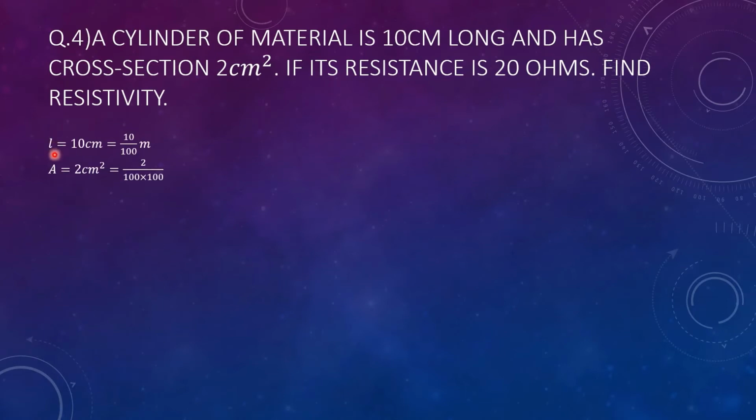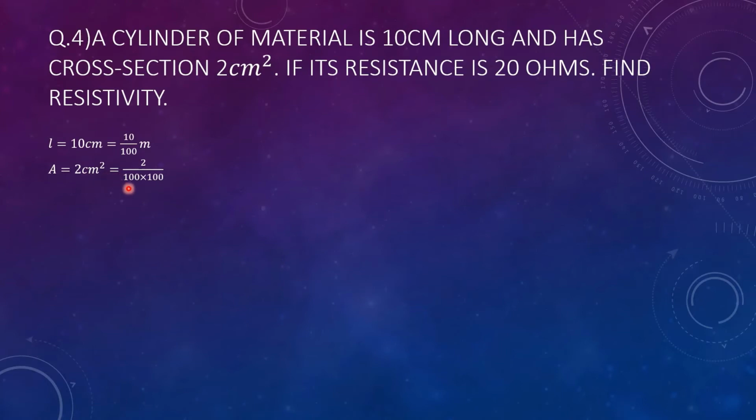L, length of conductor, length of wire, it is given 10 centimeter, but in standard form length should be written in meter. So 10 upon 100, that is meters. Area of cross section 2 centimeter square, 2 as it is, and centimeter square we have to convert in meter square.